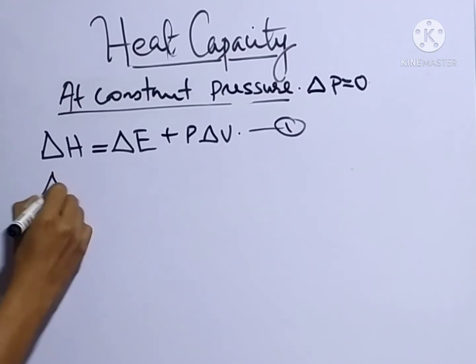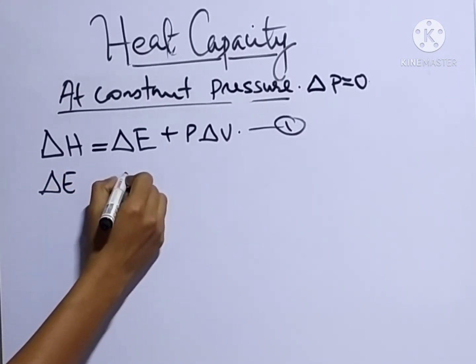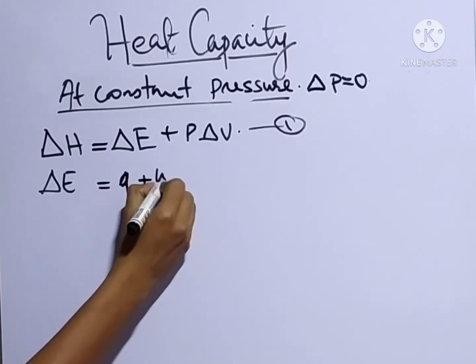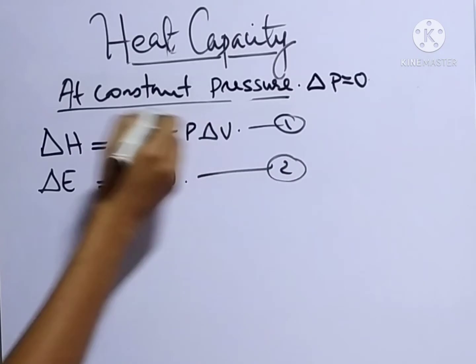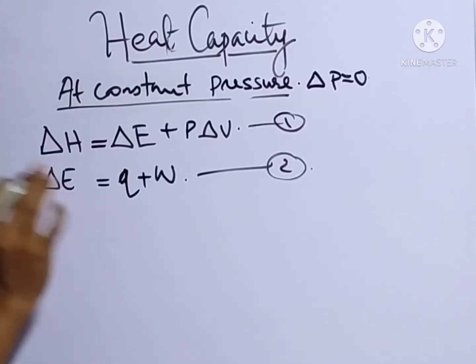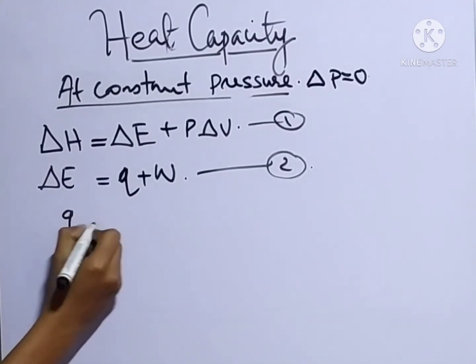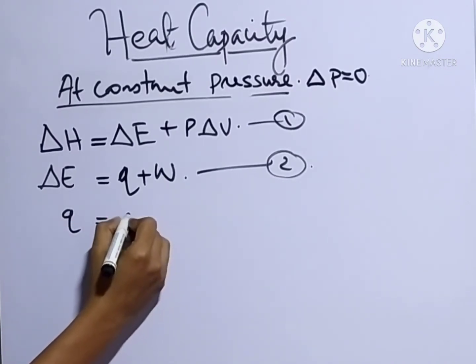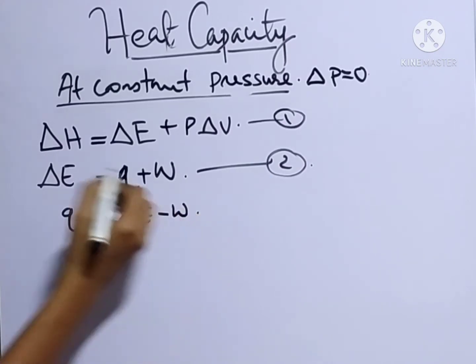The first law of thermodynamics is delta E equals Q plus W. This is equation number 2. To calculate heat capacity, we have to know the Q value, right? So from equation number 2, we can write Q equals delta E minus W.